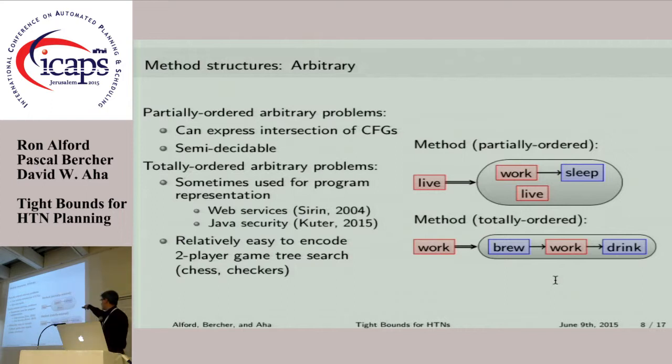Over here, we see an example of a method for living where we work and sleep and live interchangeably, so that accounts for 16-hour shifts. But down below, we have a method for work, which is just we brew our coffee, we do work, and then we drink. This makes sure we have paired brew and drink actions between.